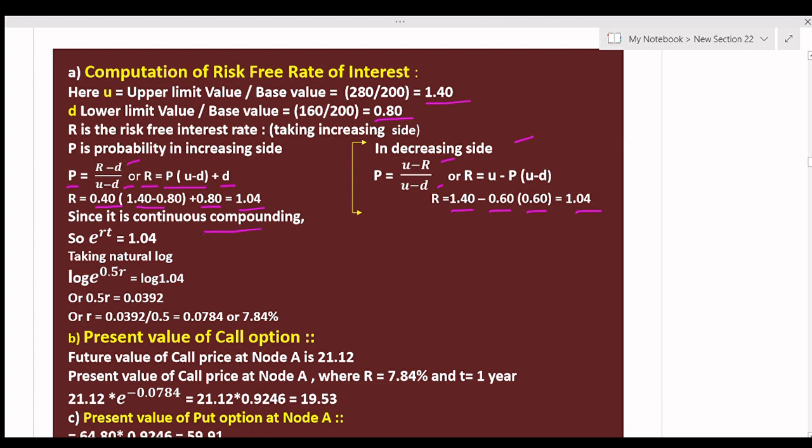It is continuous compounding, so it will be converted. e to the power RT is equal to 1.04. Taking natural log, e to the power 0.5 R is equal to log 1.04. Antilog, 0.5 R is equal to 0.0392, or R is equal to 0.0392 divided by 0.5, which is 7.84%.